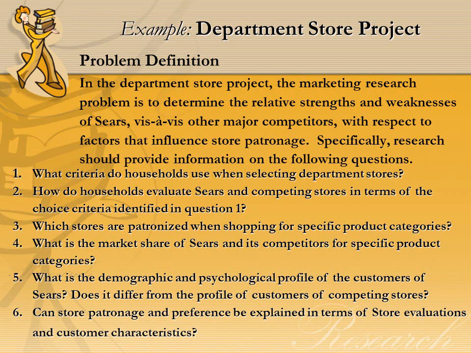The second question is related to the first question, so I will club 1 and 2. Second question: how do households evaluate the Sears departmental store and competing stores in terms of the criteria identified in question number 1? Now say criterion 1 is proximity. How do you evaluate Sears on proximity compared to other stores?